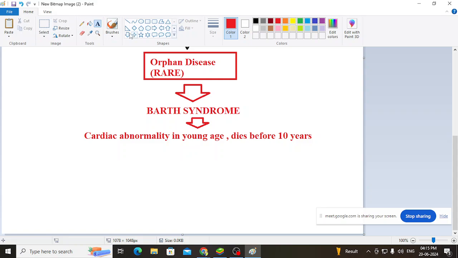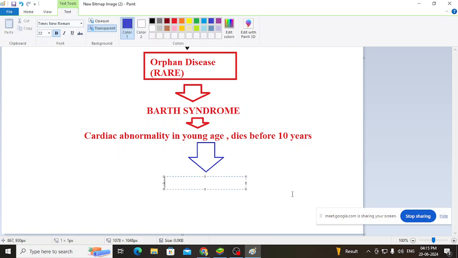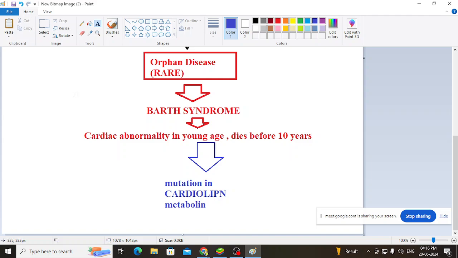Now, what is the reason behind this? The reason behind this is a mutation in cardiolipin metabolism. Cardiolipin is a lipid which is present in the heart. Where is this lipid present?